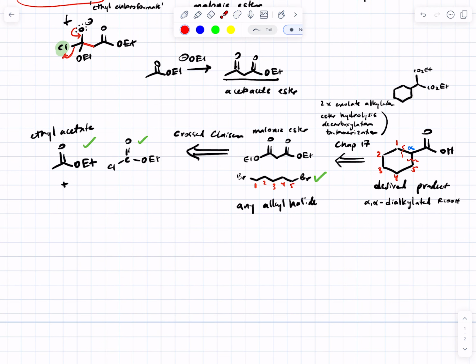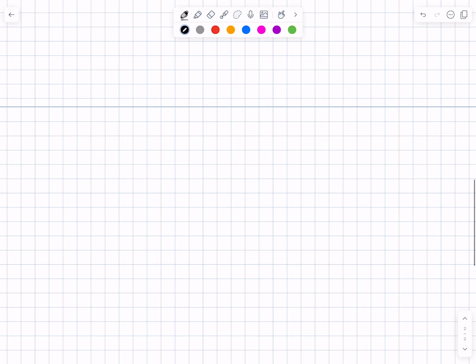All right. I want to talk now about nature's use of the Claisen reaction. We talked about how nature uses the aldol reaction, doing a retroaldol reaction in the glycolysis pathway in metabolism.